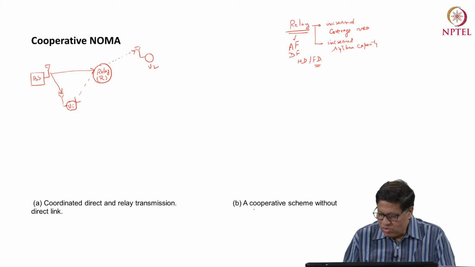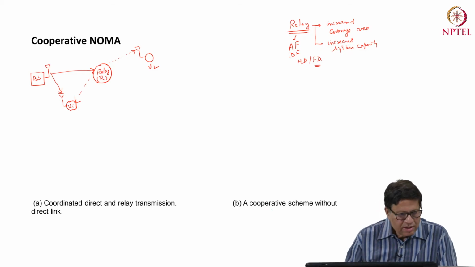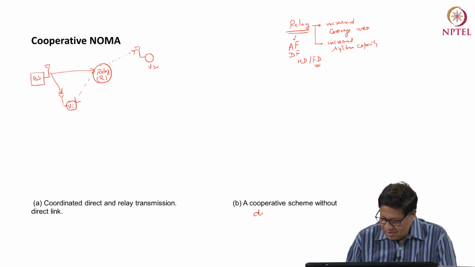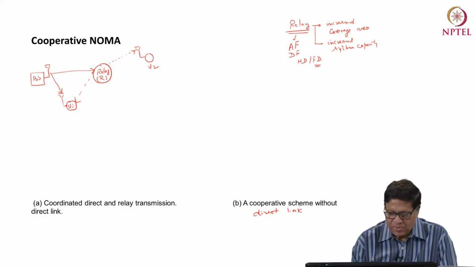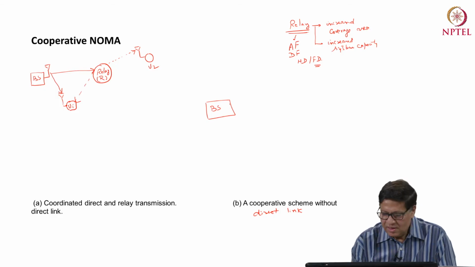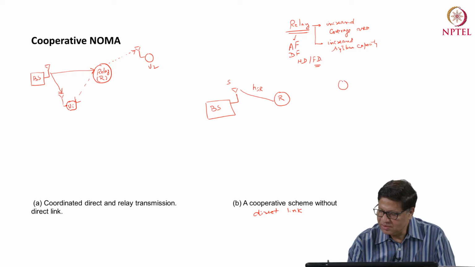The other could be a cooperative scheme without direct transmission, without direct link. So for example, this is your base station, this is the antenna, and then you have the relay here, and this channel coefficient is HSR, and there are many users connected here.